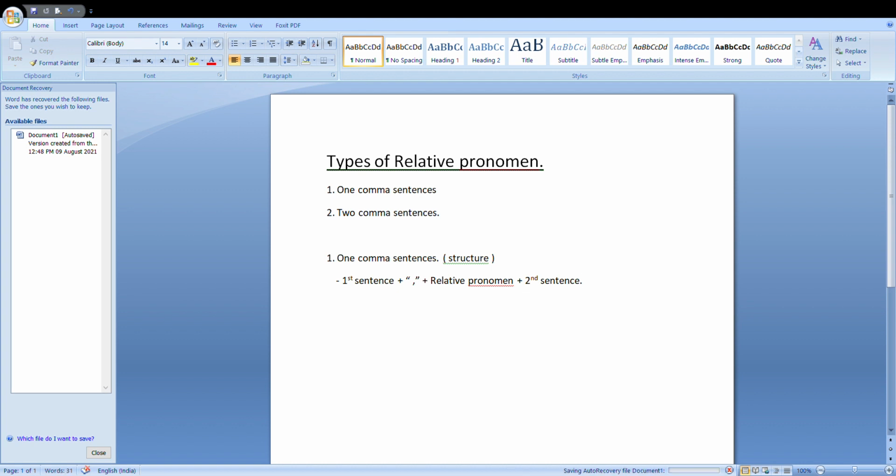So this is an example of a one comma sentence, and we can see how to implement this structure in a real sentence with the help of an example.